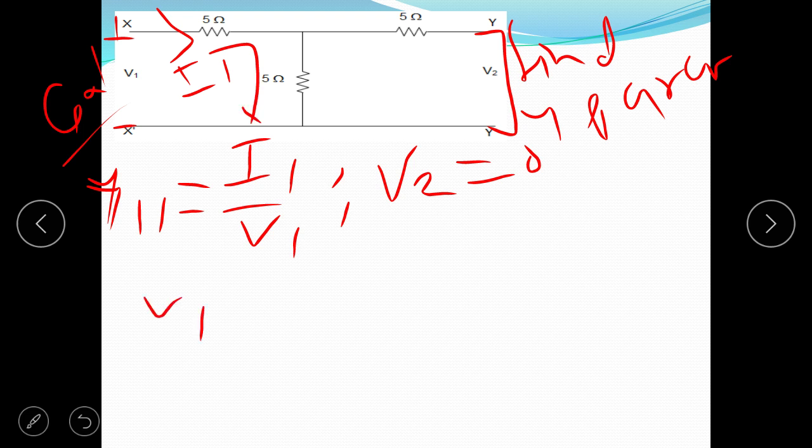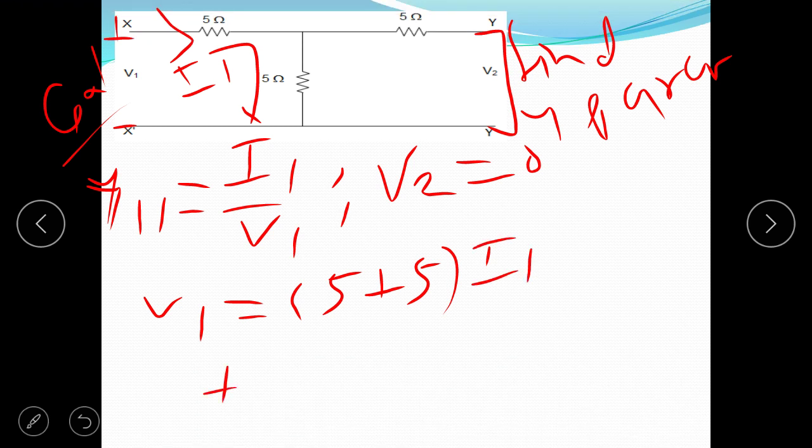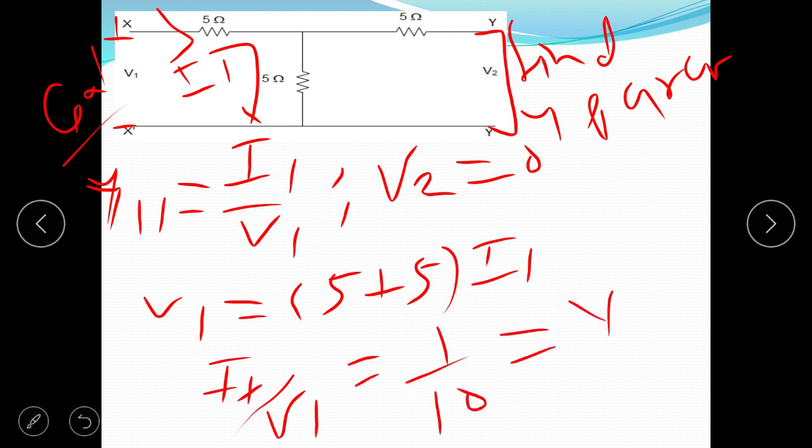The value of V1 is equal to 5 plus 5 into I1, so I1 upon V1 is equal to 1 upon 10. This is the value of Y11. So the parameter Y11 is 1 upon 10 and its unit is mho.